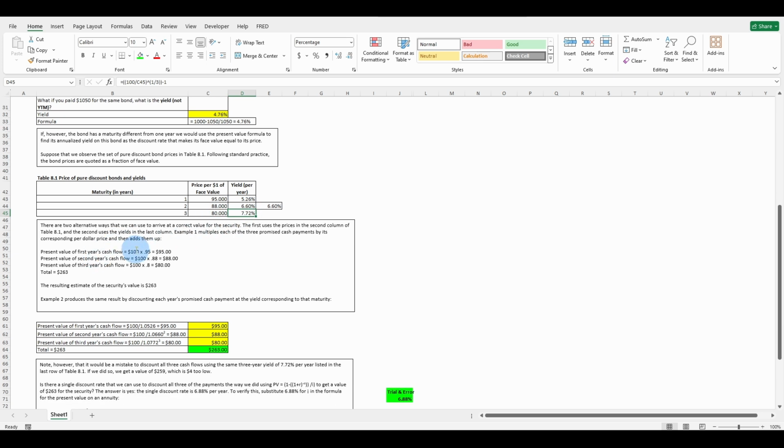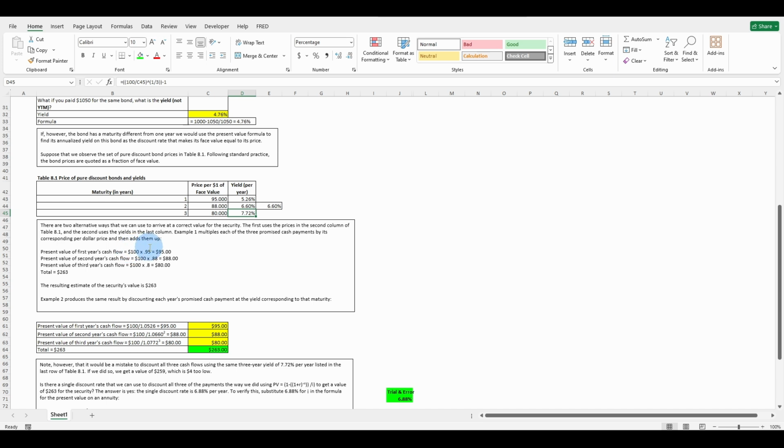There are 2 alternative ways that we can use to arrive at the correct value for the security. In other words, we're going to add these 3 up and come up with the price. There are a couple of different ways to do this. The first uses the prices in the second column of table 8.1, and the second uses the yields in the last column. Example 1 multiplies each of these 3 promised cash flows by its corresponding per dollar price and then adds them up.